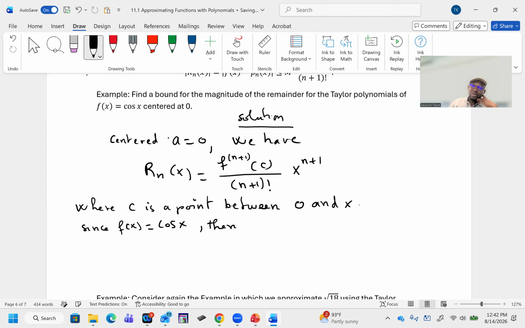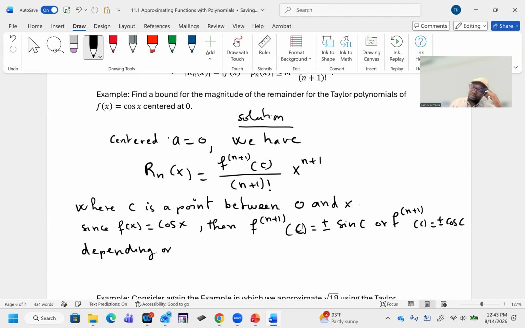Then we know the (n plus 1)th derivative of c will either be plus or minus sine of c, or plus or minus cosine of c, depending on the value of n, right?